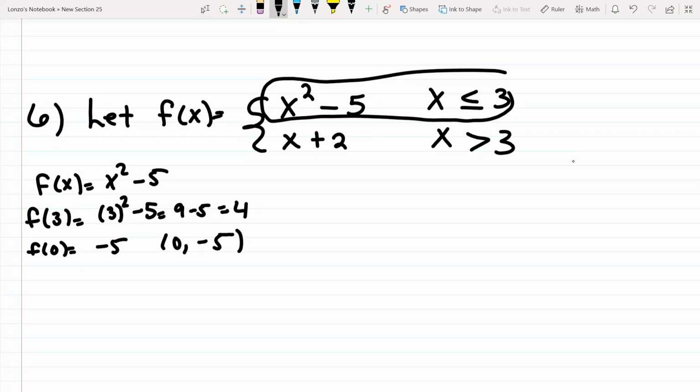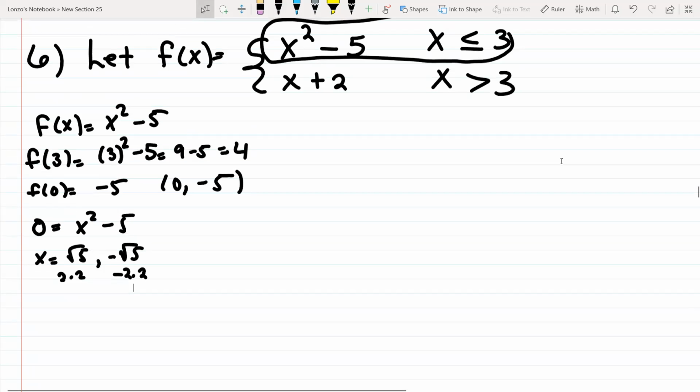To find the x-intercept, you plug in 0 for y. So it's 0 equals x squared minus 5, and when you solve for it, you get radical 5 and negative radical 5, which is about 2.2 and negative 2.2. Let's graph that one.